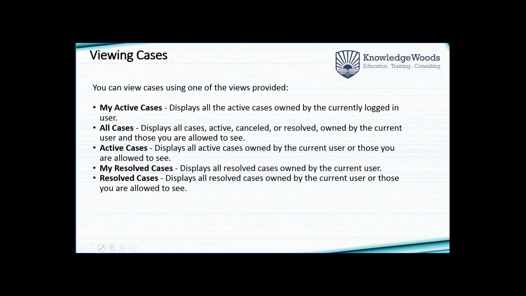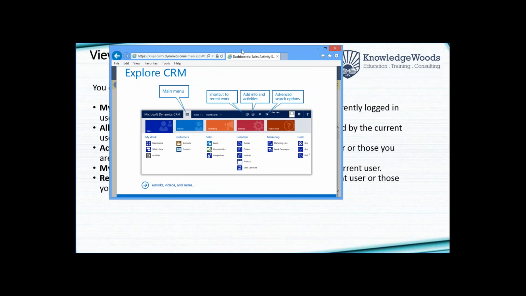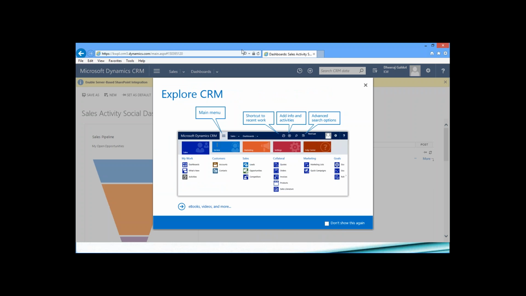So if you open Dynamics CRM, it will take you to this screen. This is the first screen when you log in to Dynamics CRM. It's showing you a quick window where you can check how to explore Dynamics CRM. So you have a main menu button there.